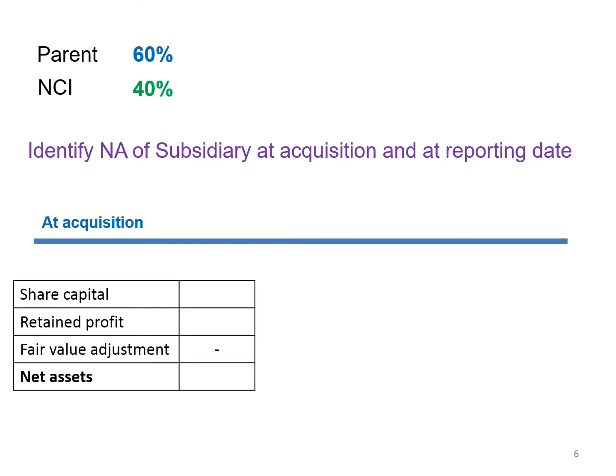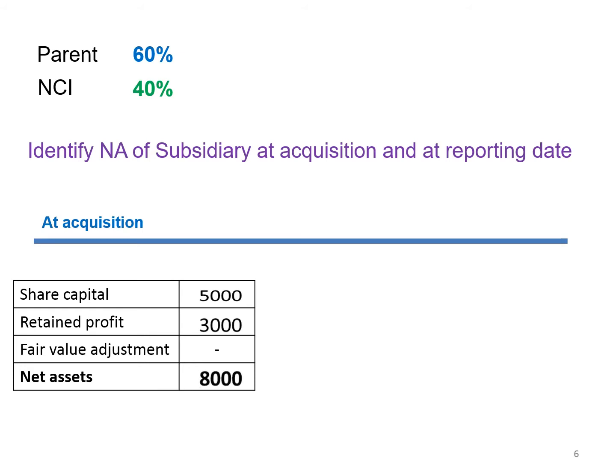According to the information given, as of the date of acquisition, subsidiary company net assets represented by share capital and retained profit 5,000 and 3,000. There's no adjustment for fair value. So accordingly, you don't need to worry about fair value adjustment as of the date of acquisition.